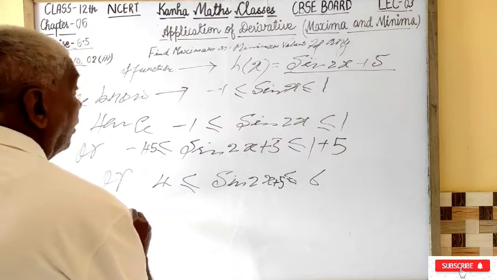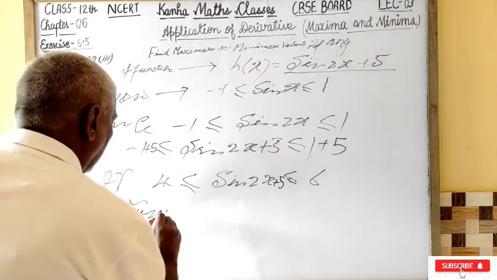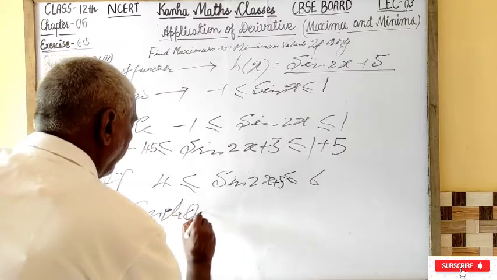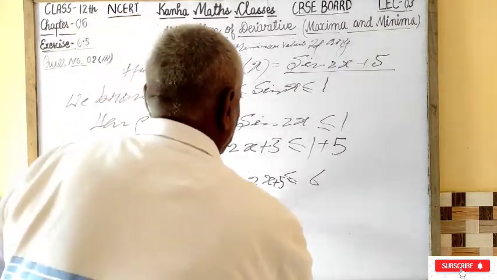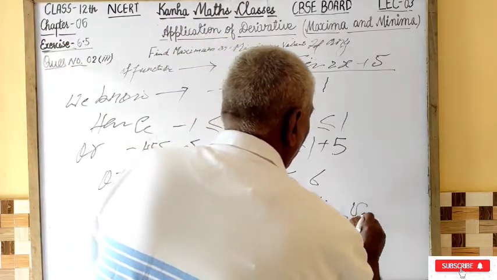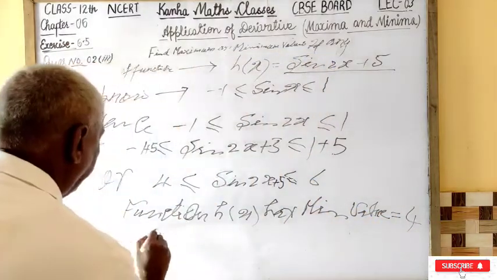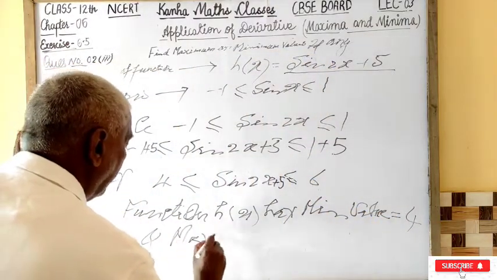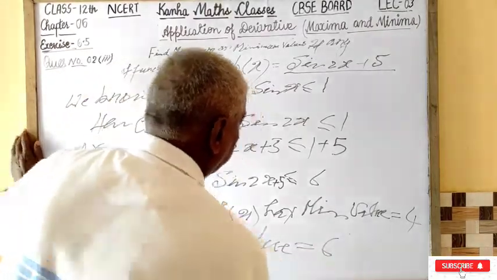The function h(x) has minimum value equal to 4 and maximum value equal to 6. That's all.